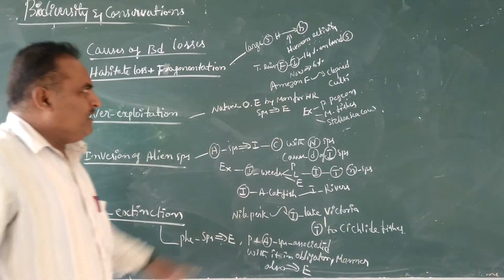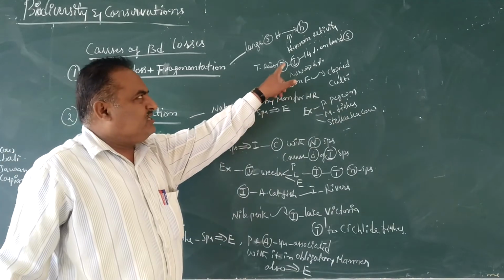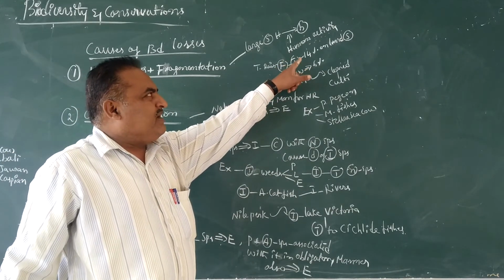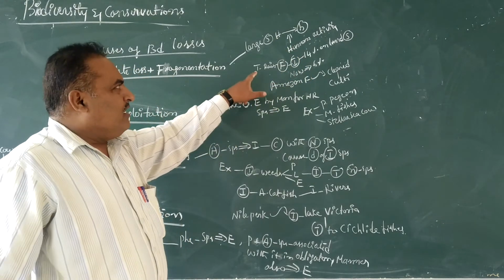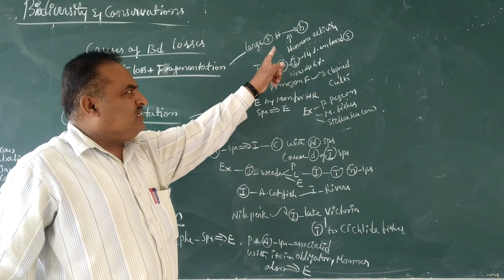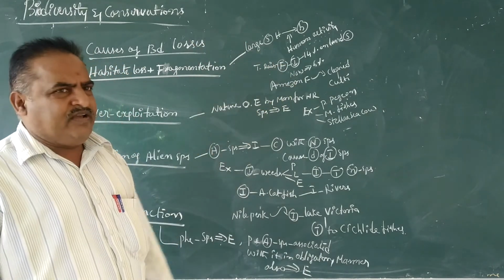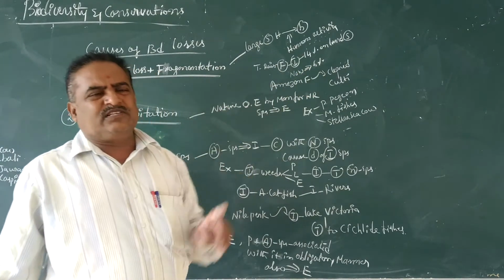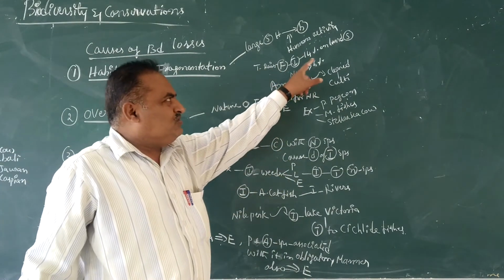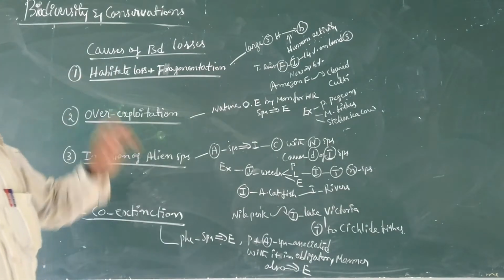For example, tropical rainforest initially covered about 14% of the land surface. Now it is reduced to 6% due to habitat loss and fragmentation.